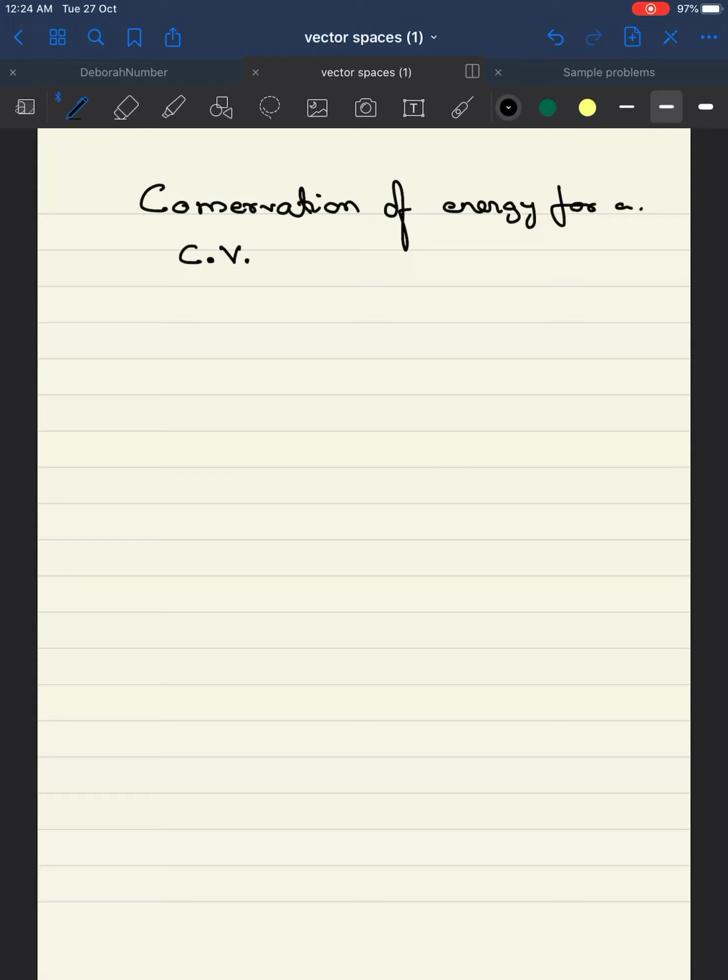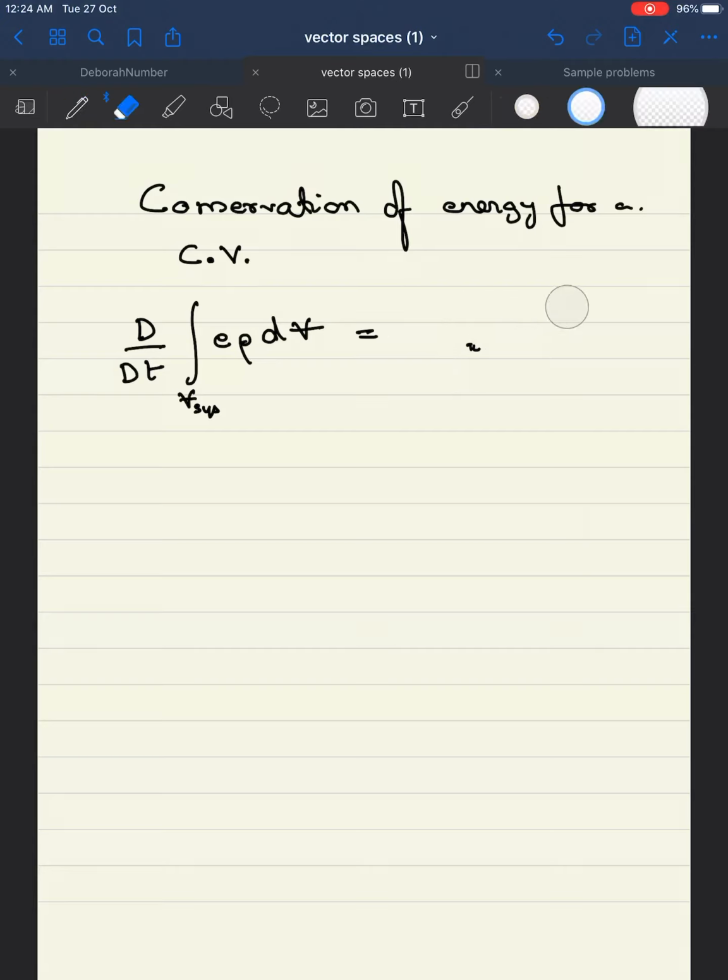But we have taken the first important step, which is that the d/dt of the energy of the system, which is the integral of e, a specific quantity, dV, over the volume of the system, is equal to Q dot into the system plus W dot into the system. I'm not going to keep writing that again and again, so we understand that. We'll just say Q dot plus W dot.